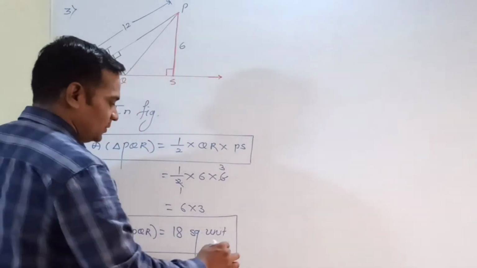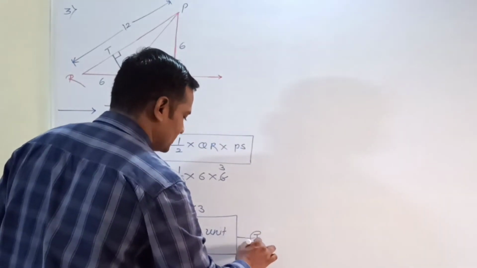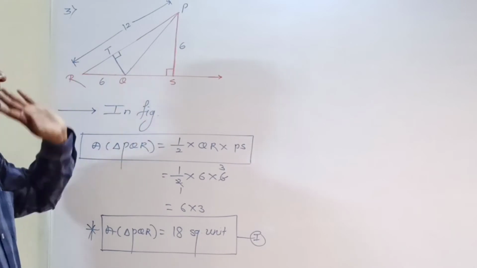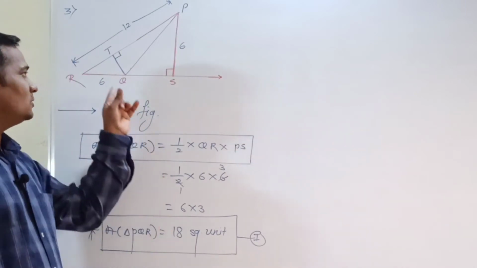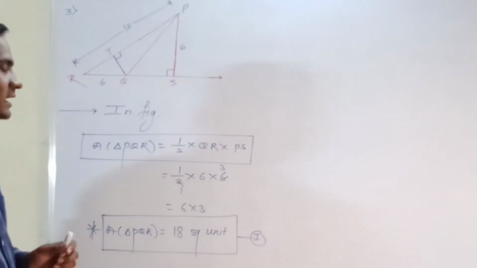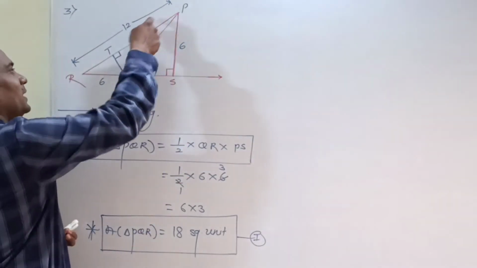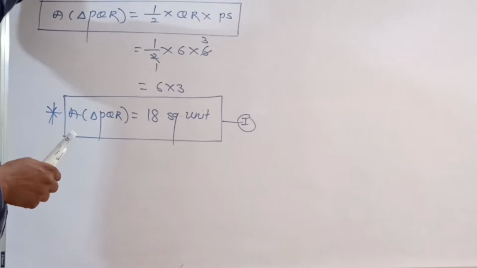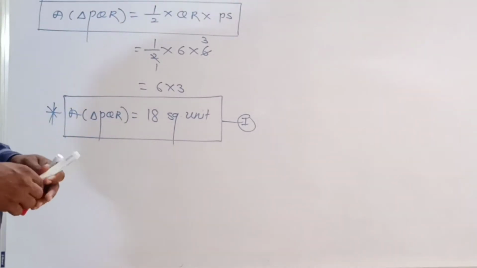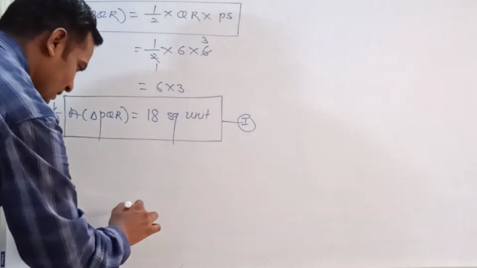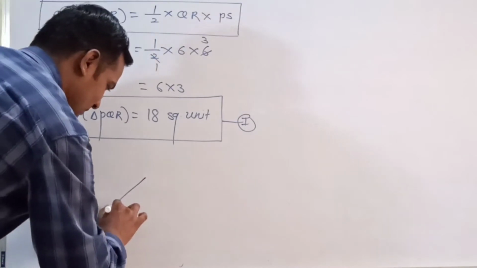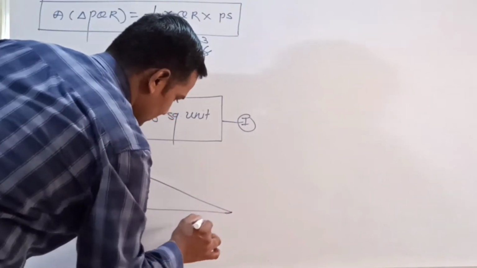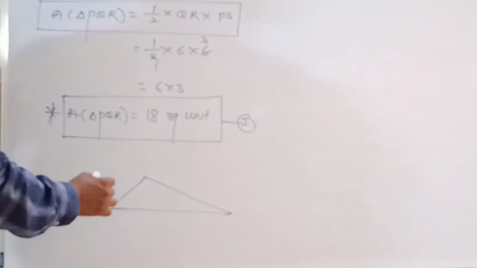Suppose this is equation number 1. This is the area of triangle PQR, and as we know this is an obtuse triangle, that means we can also consider PR as the base of triangle PQR and QT as the height, just like this. Look at this figure. We will draw the same triangle here. So where is P?